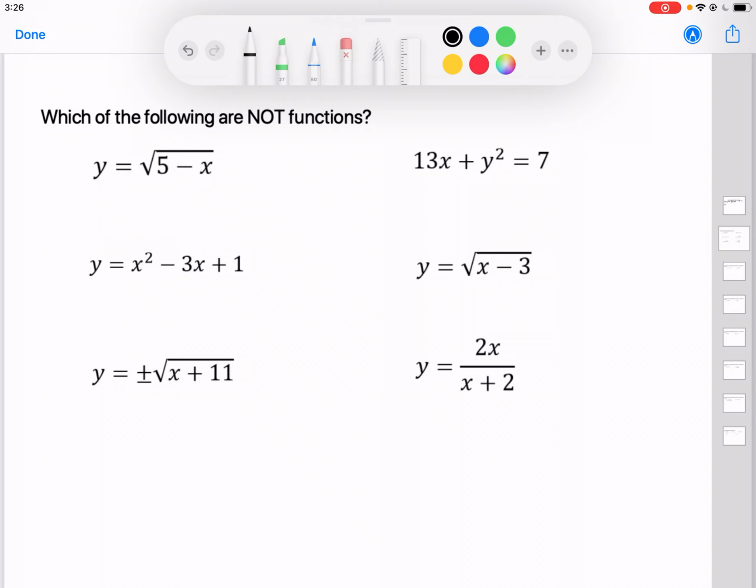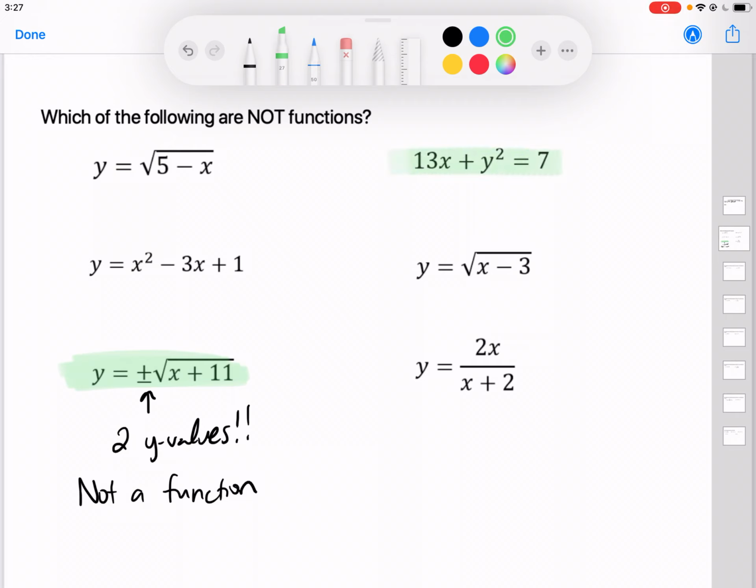So if I look at these, one of them that's a clear indication that it's not a function is this one right here. That plus or minus means there's going to be two y values automatically. Okay, that means this is not a function. And then there's one more on this list that actually has a huge red flag, and that's this one.